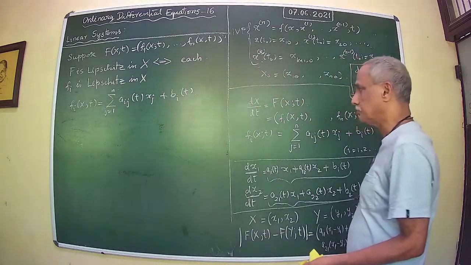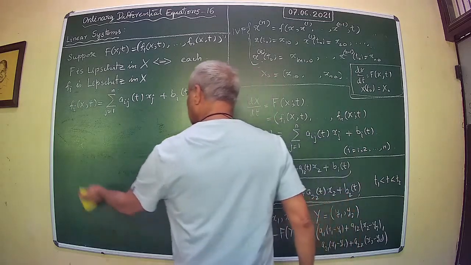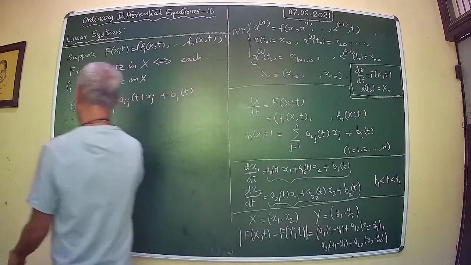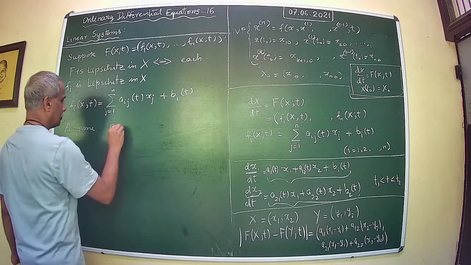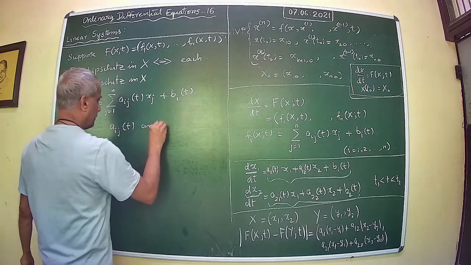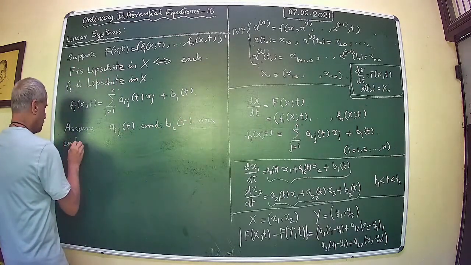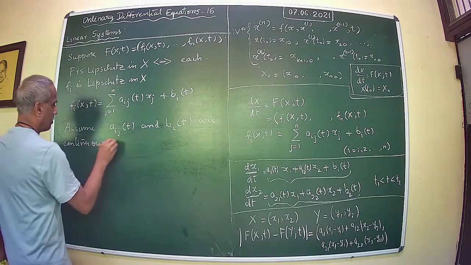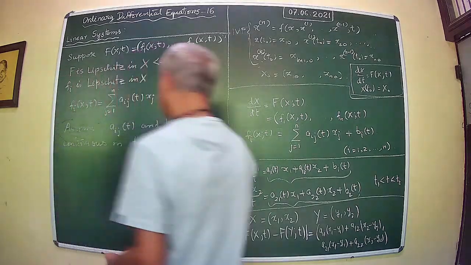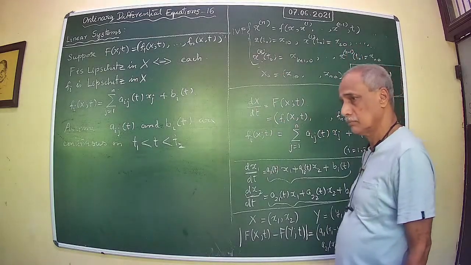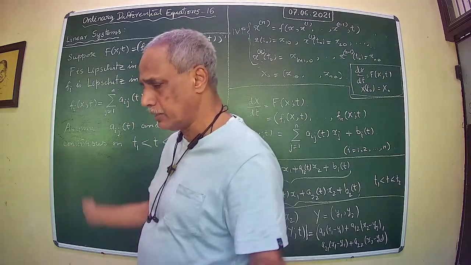That is your Fi. Now it is enough to show that each Fi is Lipschitz. Okay. Now I assume the aij are continuous on... t2. Okay, see, this may be a bounded interval or an unbounded interval, doesn't matter.